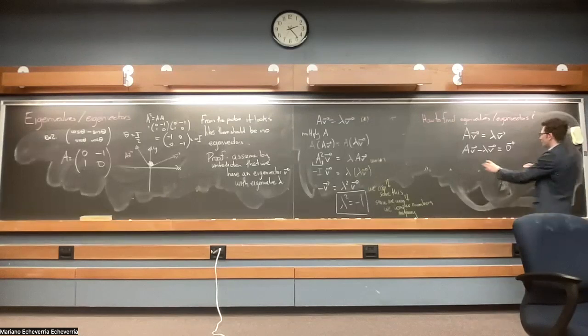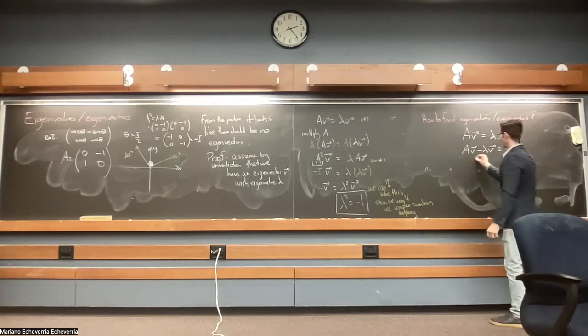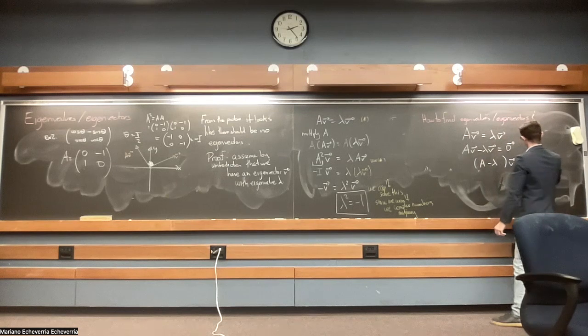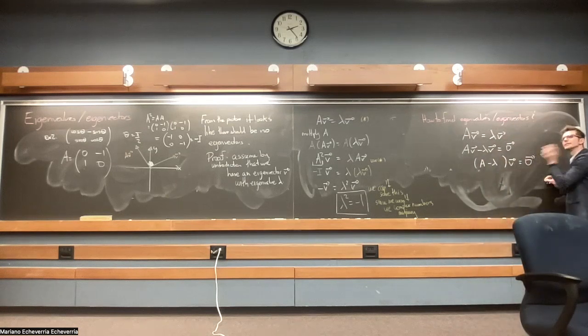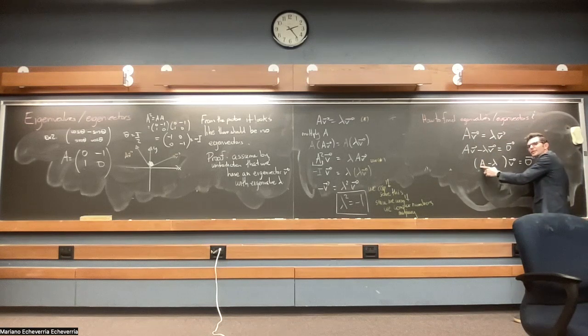The advantage of doing it this way is that you see a v in every term, so you can factorize it. This is almost correct. The problem with how I wrote this is that A is a matrix and lambda is a number, so you cannot quite subtract a number from a matrix, but there's a very easy fix.